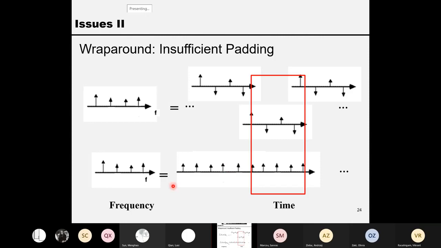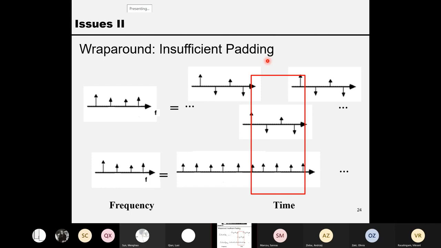After the inverse Fourier transform in the time domain, you can easily cut off at the point of padding. Otherwise, they overlap. This is called wraparound.